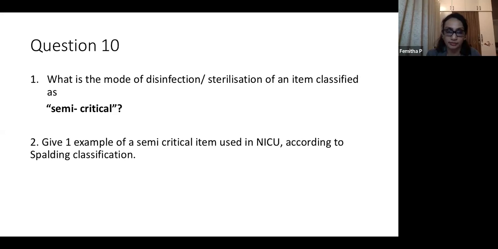Non-critical is an item that will be in contact with intact skin or somewhere around the baby, not in contact with the baby. So semi-critical falls in the category where it will be in contact with mucosa or non-intact skin. The answer is correct. You have a laryngoscope as an example, and you will use a high-level disinfection. That answer also has come correctly.